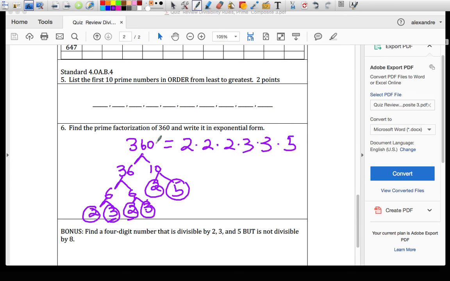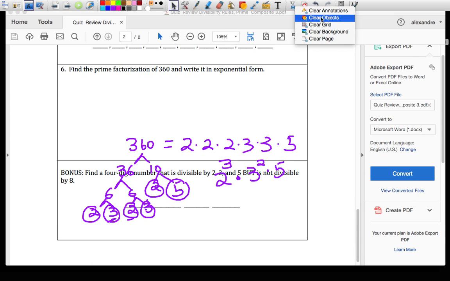Okay, we're changing 360 and rewriting it using multiplication of all its prime factors. So one way of saying it, it's 2 times 2 times 2 times 3 times 3 times 5, or better yet, in exponential form, 2 to the third power times 3 to the second power times 5. Okay.